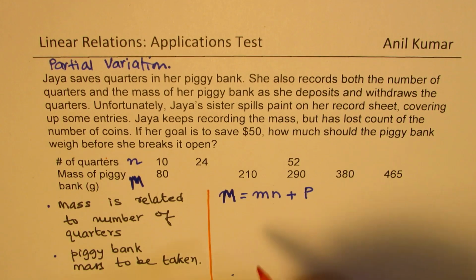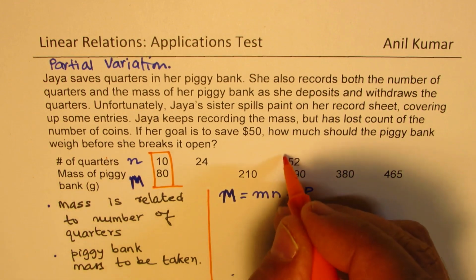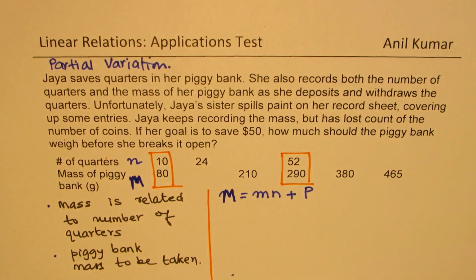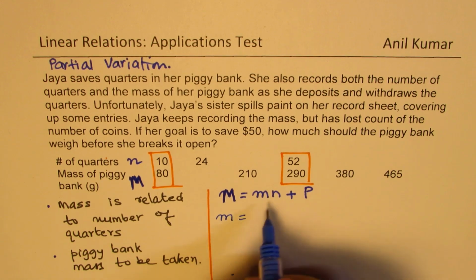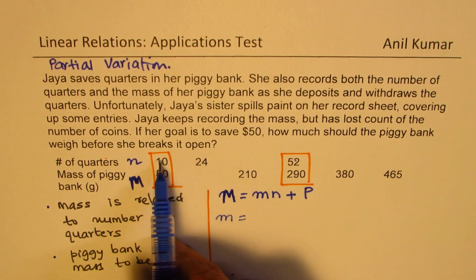Now to find the slope we could use this information. Some has been wiped out, but we have two sets of points to work with. This can help us find the slope: y2 minus y1 divided by x2 minus x1.